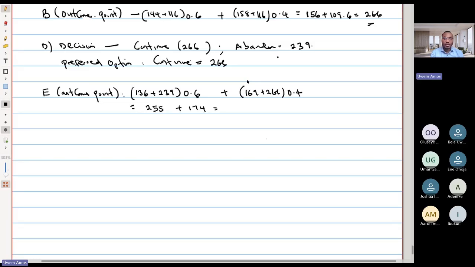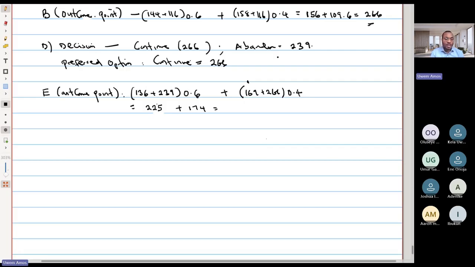Okay, let me calculate that again because that's 0.6. 136 plus 239 multiplied by 0.6, 225 rather, not 255. So 255 plus 174.